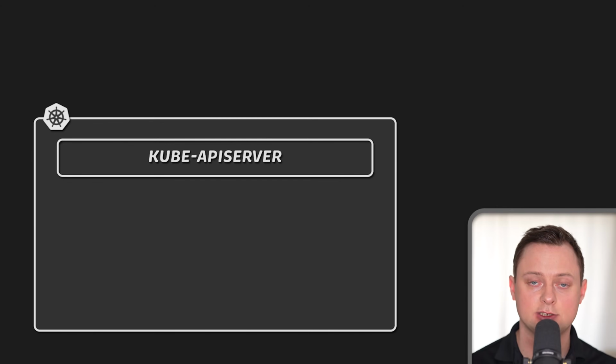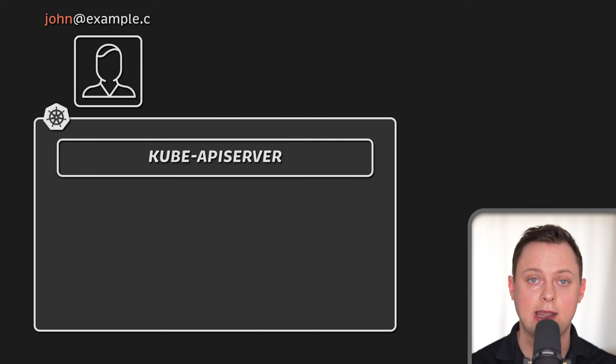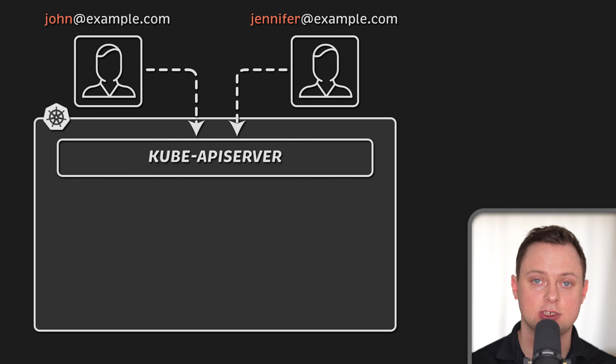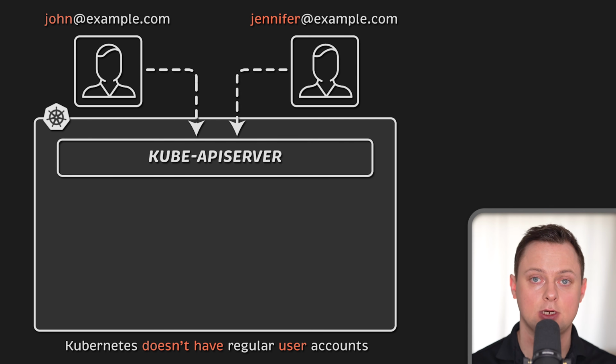Let's say someone on your team wants to log in to the Kubernetes dashboard. In this case, you should have an entity for an account of a user, each having a unique name or ID, such as an email address. Now, how should you store the user in the cluster, considering Kubernetes doesn't have objects that represent regular user accounts?